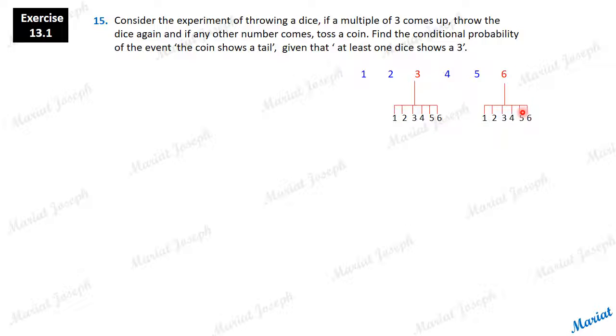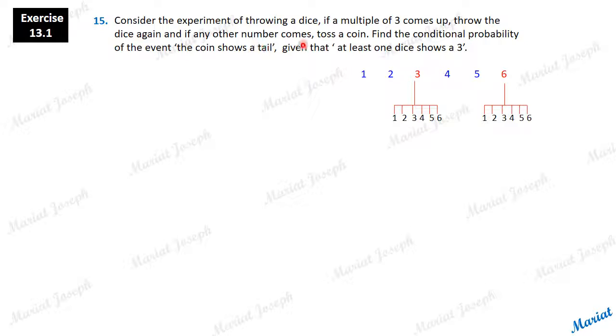So the different outcomes could look like this: 6, 1; 6, 2; 6, 3; 6, 4; 6, 5; 6, 6; 3, 1; 3, 2; 3, 3; 3, 4; 3, 5; 3, 6.